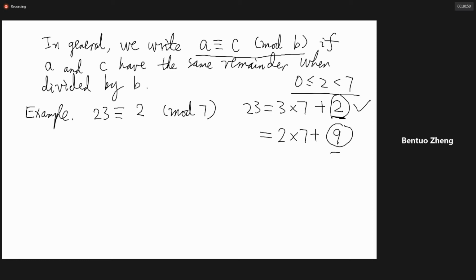Okay. Now let's look at another one. What about, say, negative 4 mod 5? Can anyone tell me what is the remainder of negative 4 modular 5?